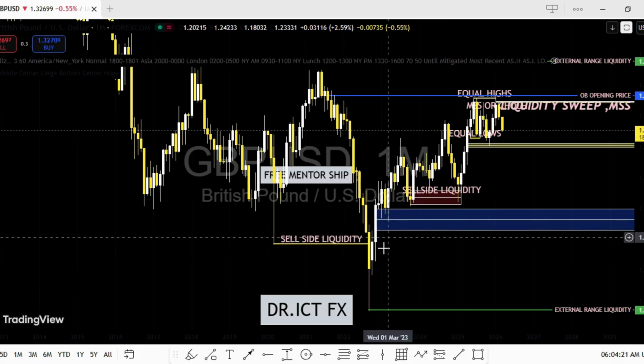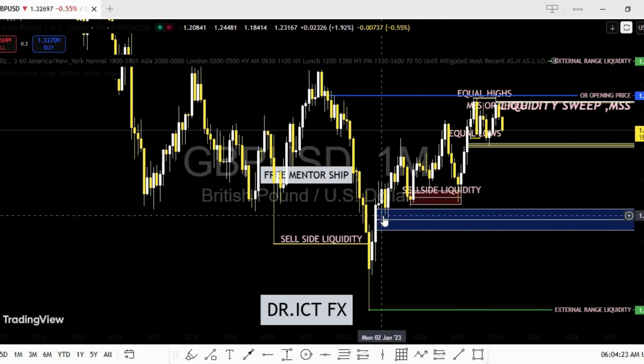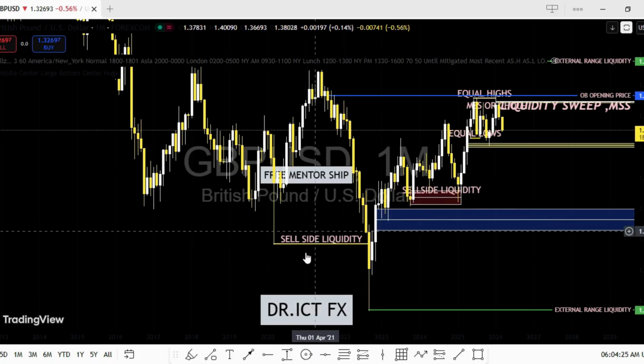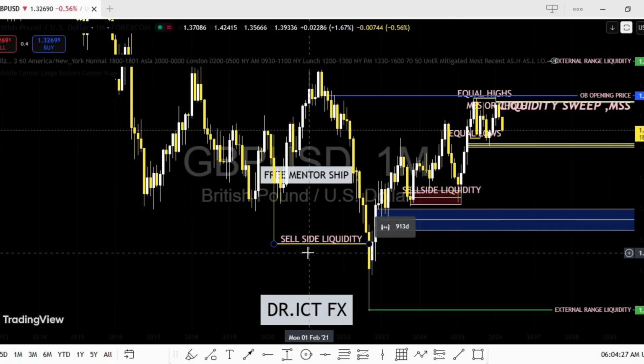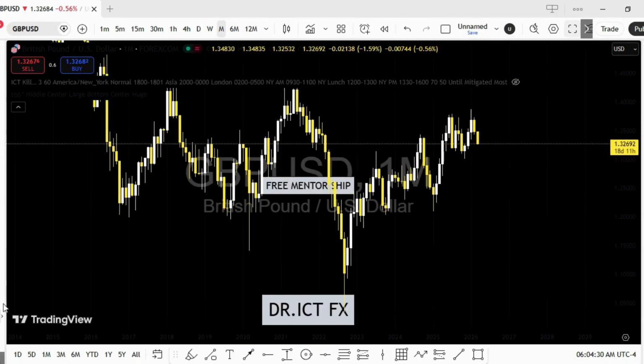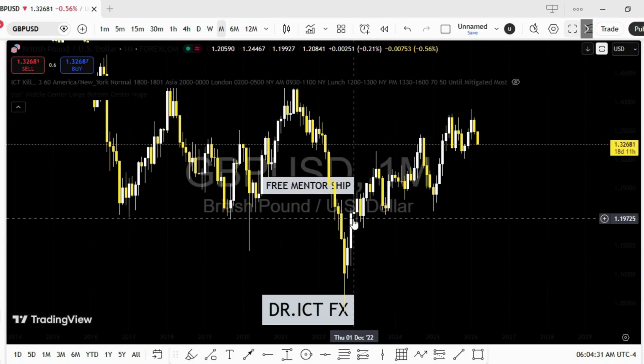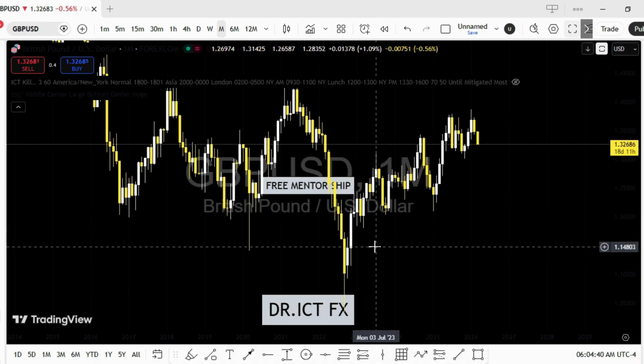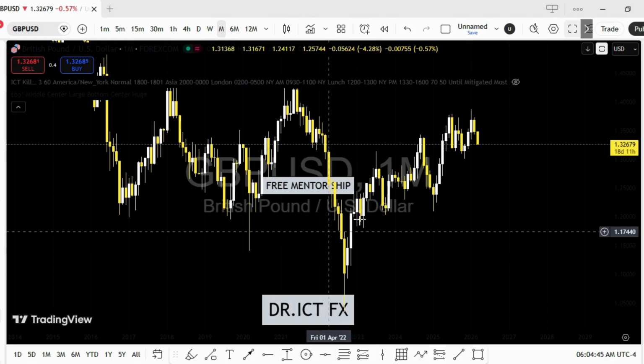Price came and tapped into the monthly fair value gap in the deep discount, and after tapping into this fair value gap, price escalated to the upside, as you're seeing all this price action here. Some good trade setup. So let me show you another buy example.